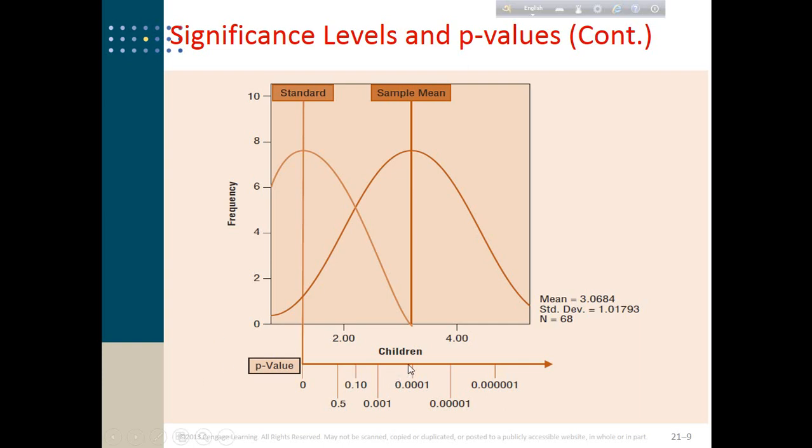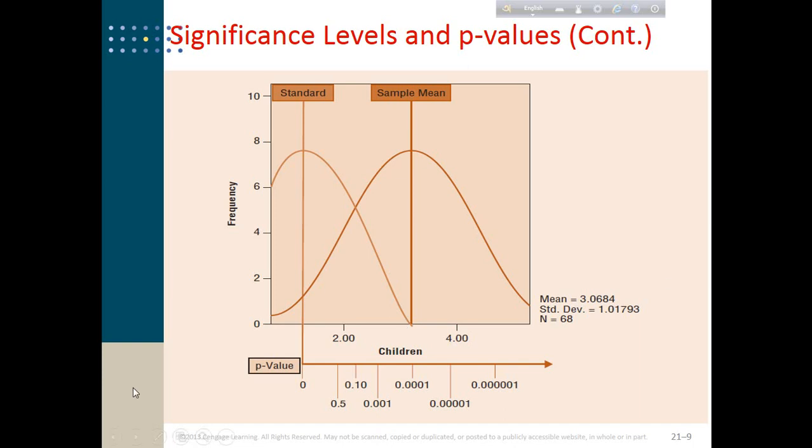So you can see that your p-value gets larger and larger. It means there's a high likelihood that your expectation that both of them are the same is true. However, as this sample mean goes away and away from this standard, you can see that your p-value gets smaller. It means that there is very little likelihood that the expectation you make is true.